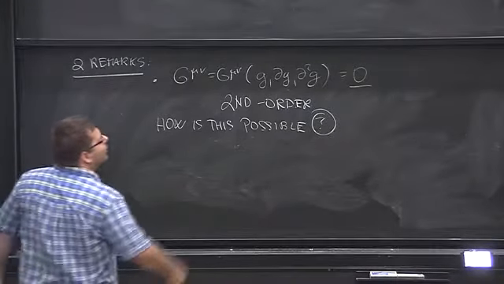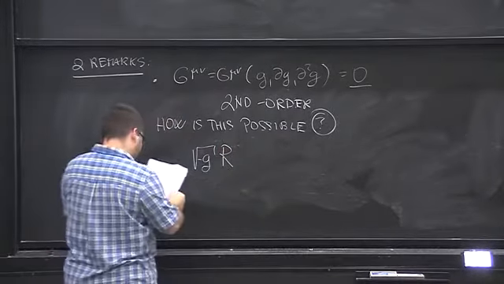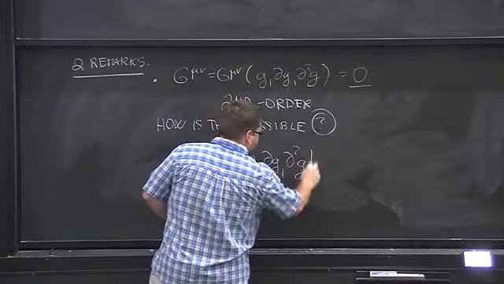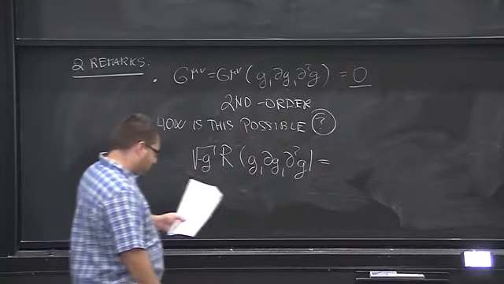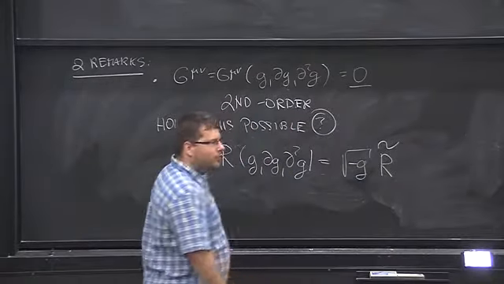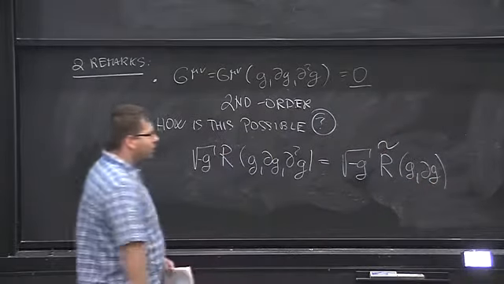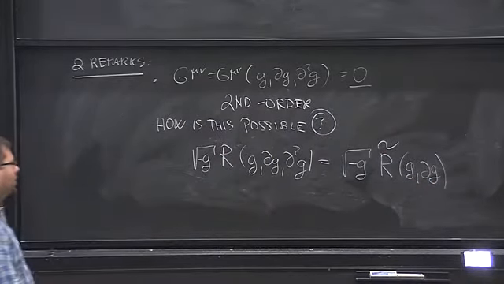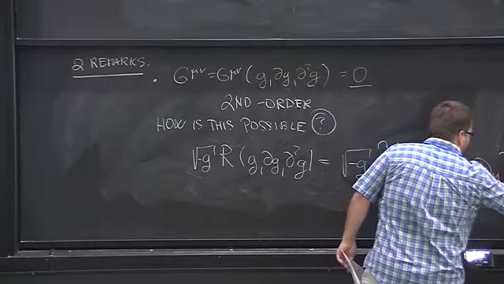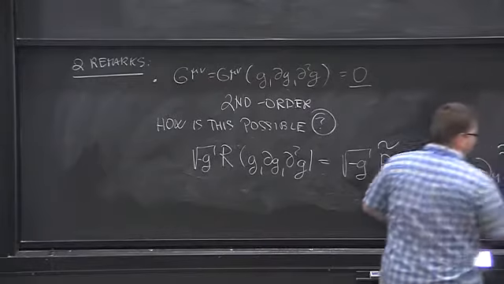It's because this square root of minus g times R, which depends on g, dg and d square of g, can actually be split into two terms: a term, let's call it R tilde, which depends only on g and dg, so only on the first derivatives of the metric, and a total derivative term, partial mu of R^mu, which depends on g and dg.